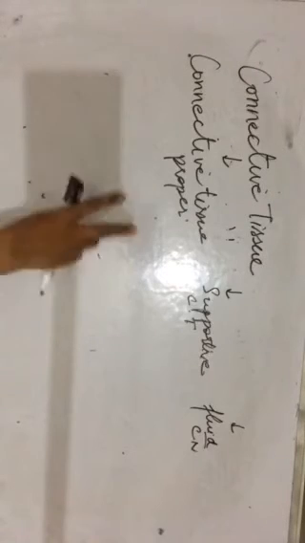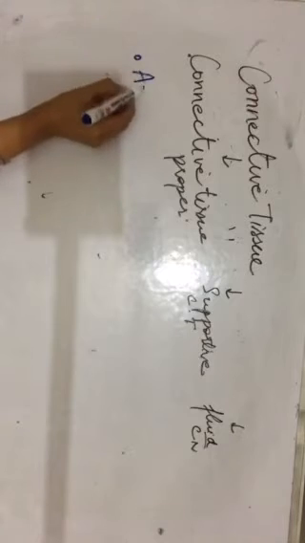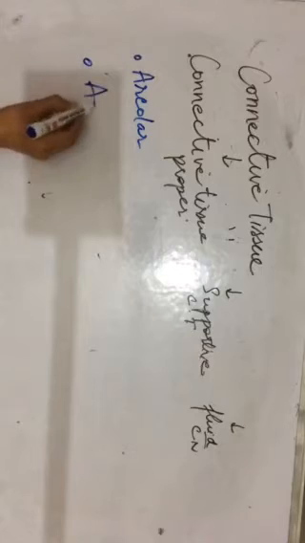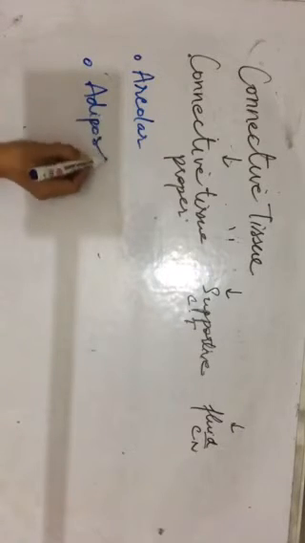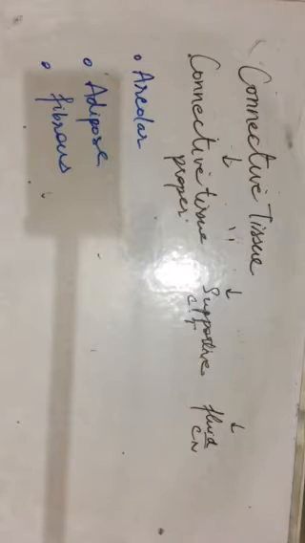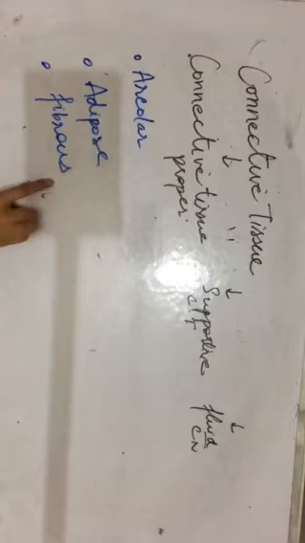Now they are again divided into parts. Connective tissue proper is of three types. Number one, areolar tissue. Number two is adipose. And number three is fibrous connective tissue. Connective tissue proper is of three types: areolar, adipose, fibrous.